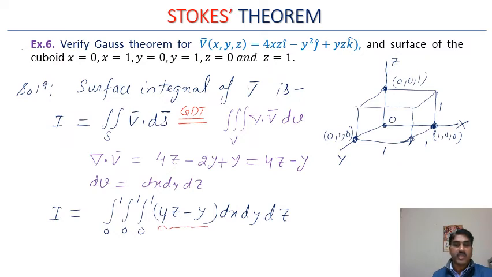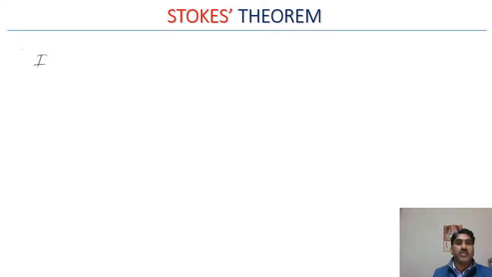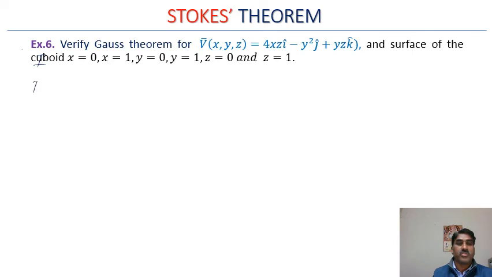Integrating with respect to x, we get the integral from 0 to 1 of 4z minus y dy dz, and x just goes from 0 to 1. So I is equal to the double integral, 0 to 1, 0 to 1, of 4z minus y dy dz.